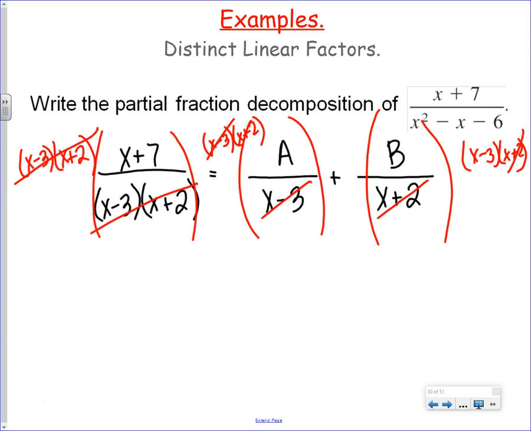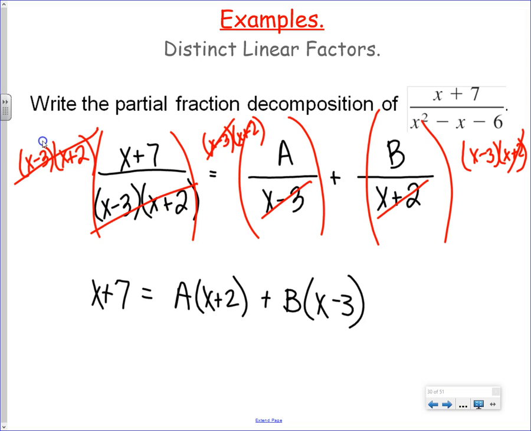I want you guys to write what you have left. And I think what you have left should look like A being multiplied by the other guy's denominator, B being multiplied by the first guy's denominator.